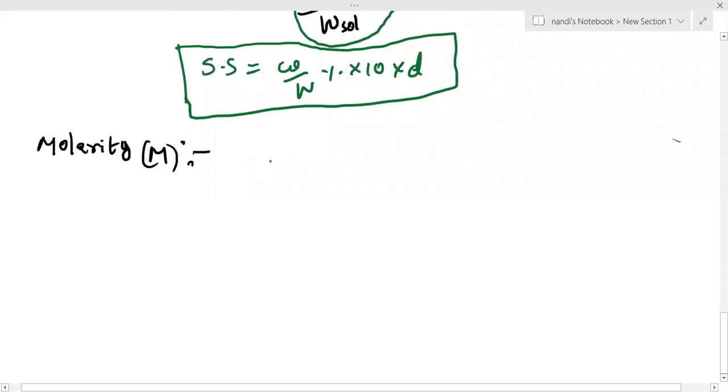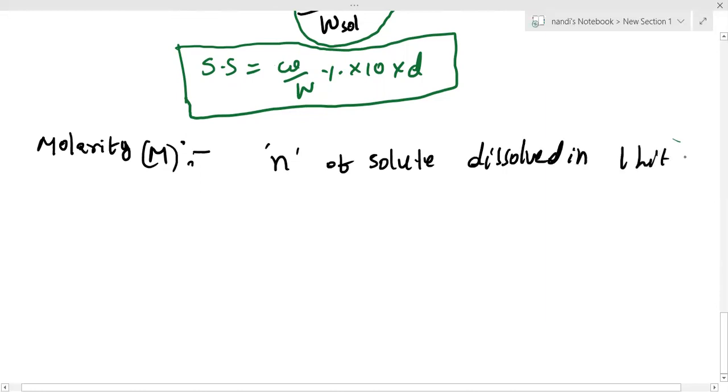Okay, now check it. Molarity. I'm giving just brief definitions, not according to the textbook but simple ones. N moles of solute dissolved in 1 liter of solution is called molarity. The unit is mole per liter.